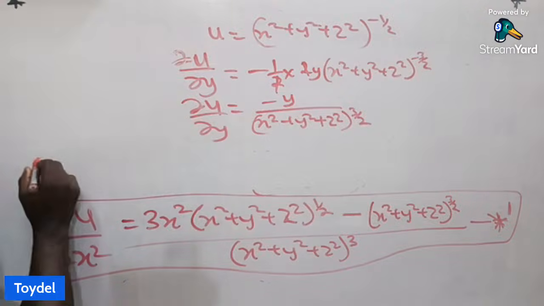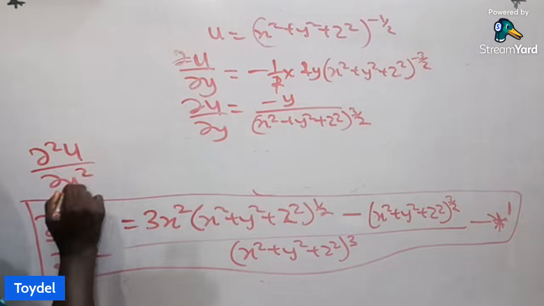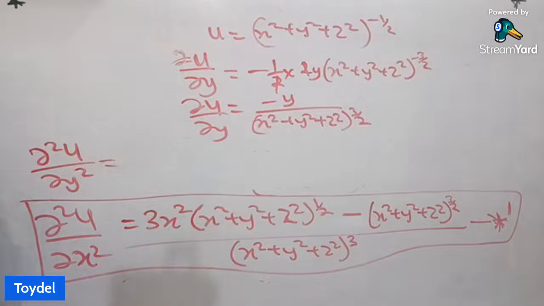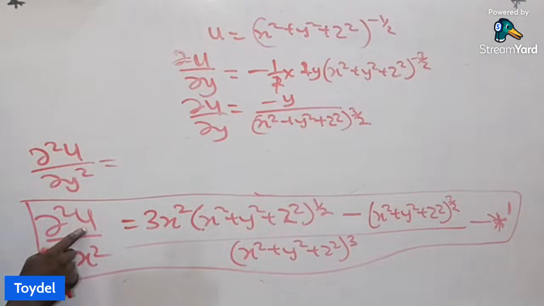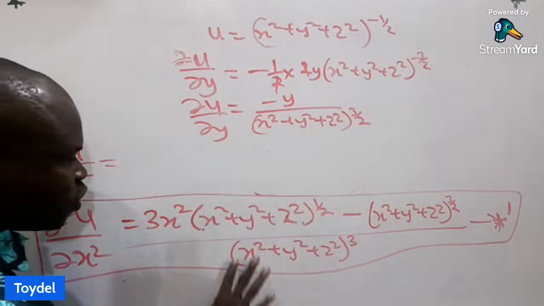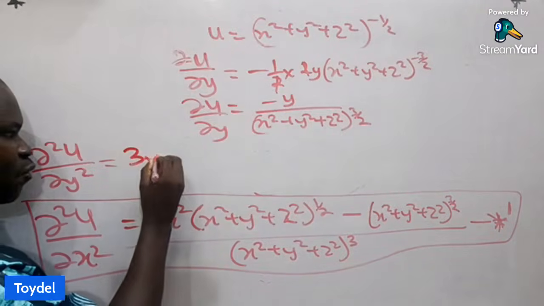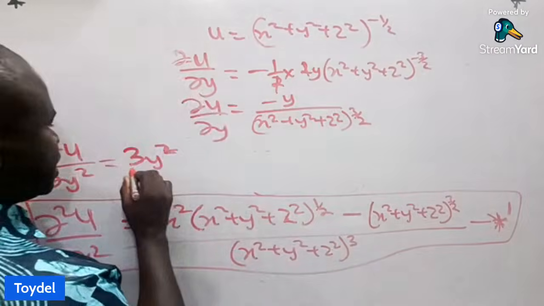So if I differentiate this the second time, ∂²u/∂y², if I go through the process that I went through when I wanted to find ∂²u/∂x², it's the same thing. The final result will only have 3y squared instead of x here. It's y that I will have here, but every other thing will remain the same.